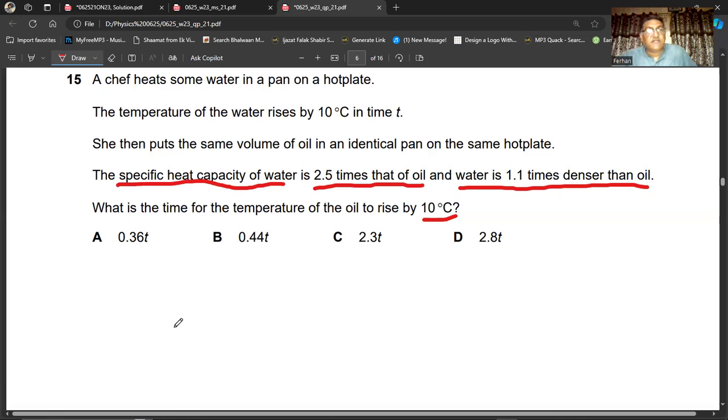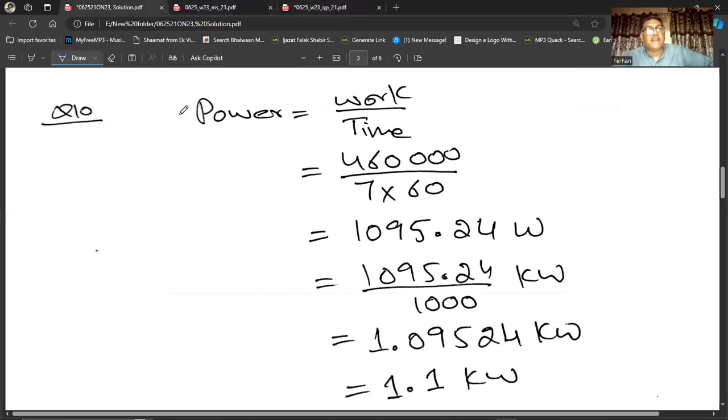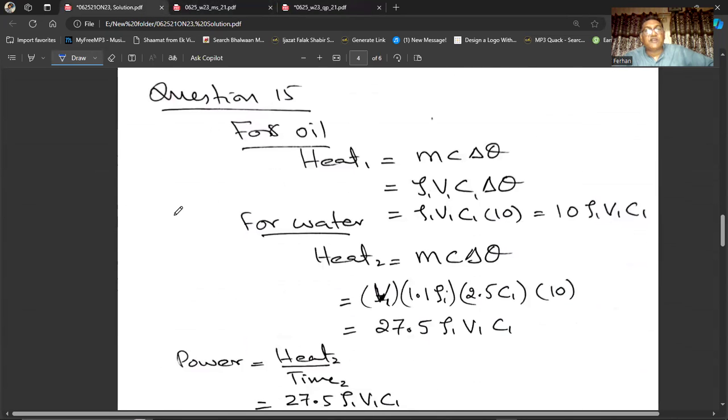So she puts the same volume of the oil. So the volume of oil and the water is the same. So to raise the temperature of the water by 10 degrees centigrade, the time taken is t by that hot plate. Very tricky question. How much time will the oil take to raise this much temperature?